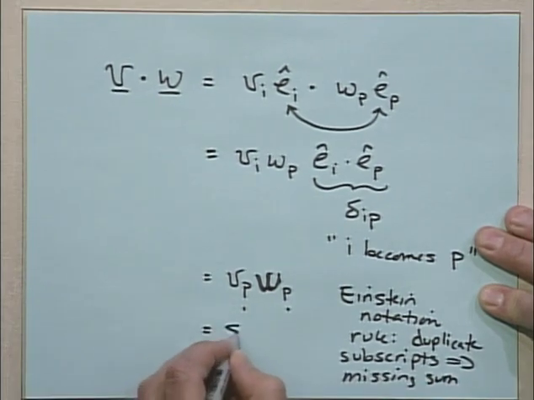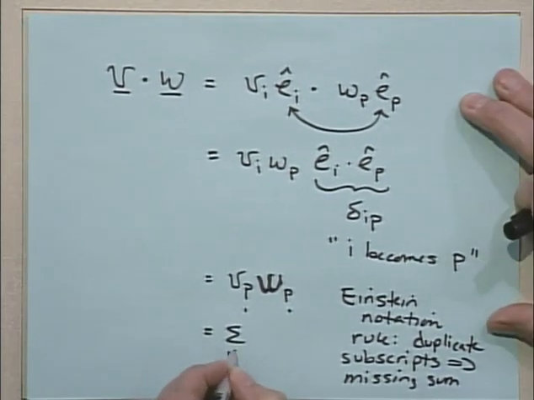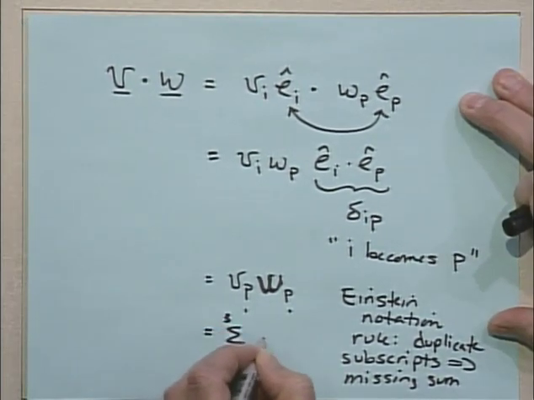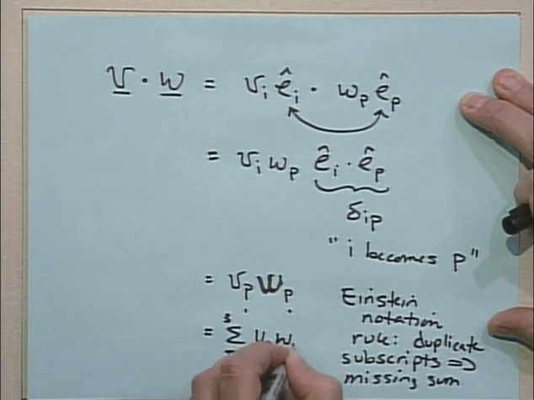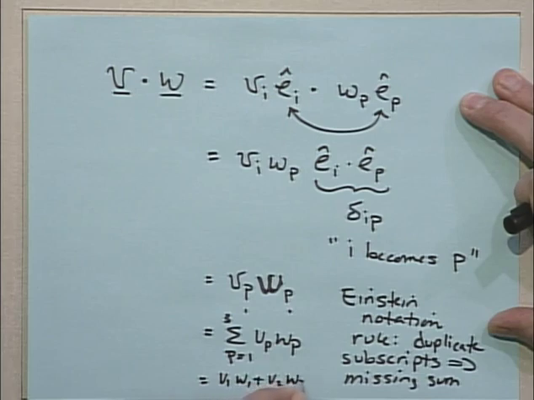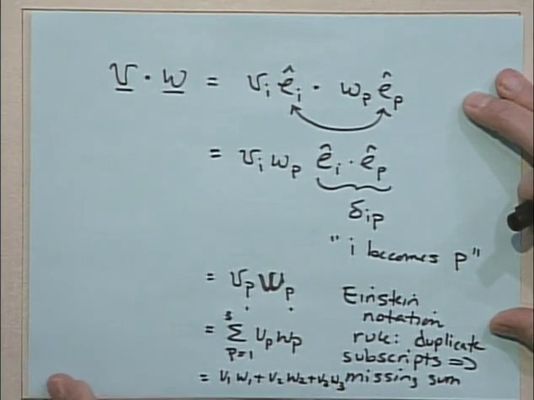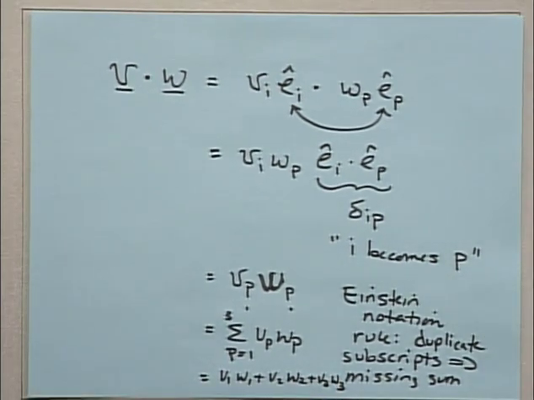This is equal to the summation p equals 1 to 3 of v_p w_p, which is the answer we thought. v1 w1 plus v2 w2 plus v3 w3. I'm running out of space here.